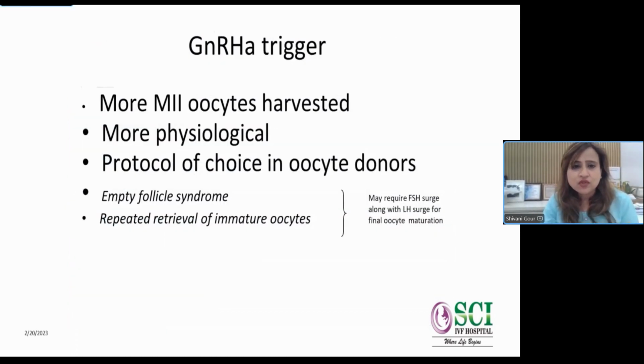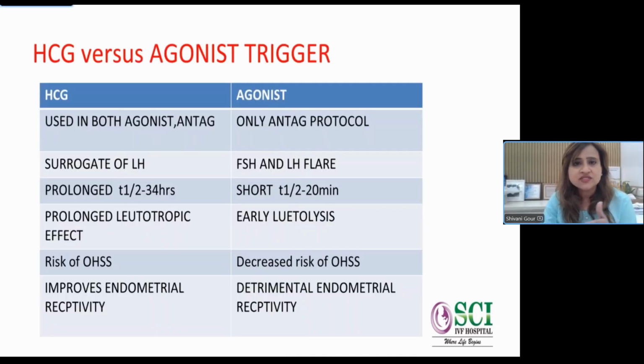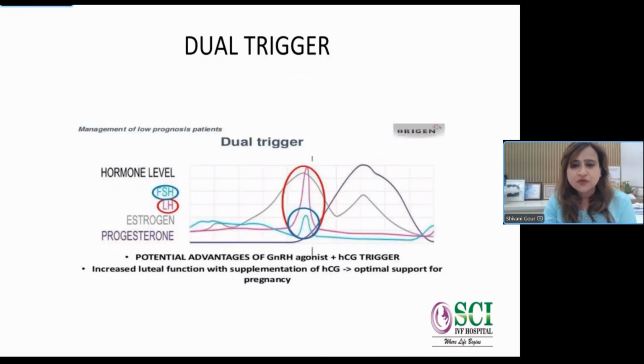There are studies which have also said that more M2 oocytes can be collected, and it is a more physiological protocol of choice in oocyte donors, specifically for empty follicle syndrome. So if you have a patient with a large proportion of immature oocytes or empty follicles, this probably is a suitable case for GnRH agonist trigger. The only detrimental effect is in the luteal phase, where the endometrial receptivity is reduced.